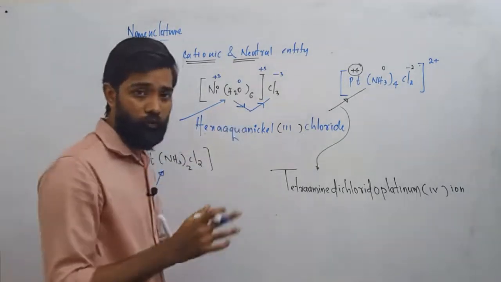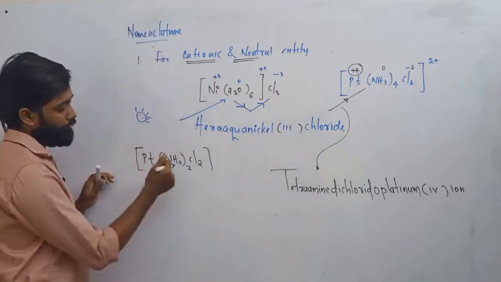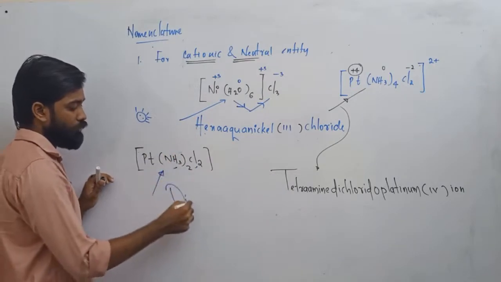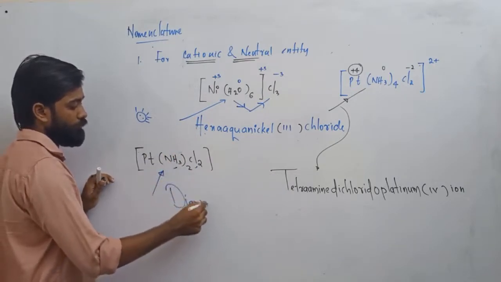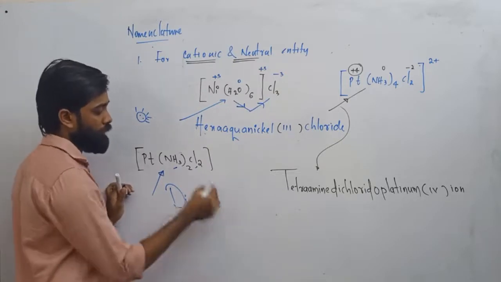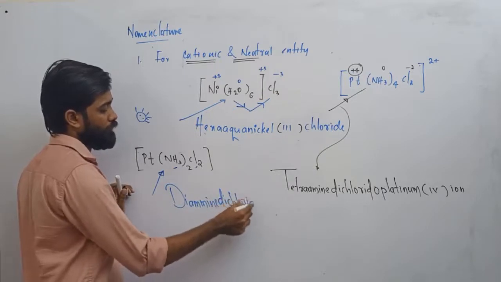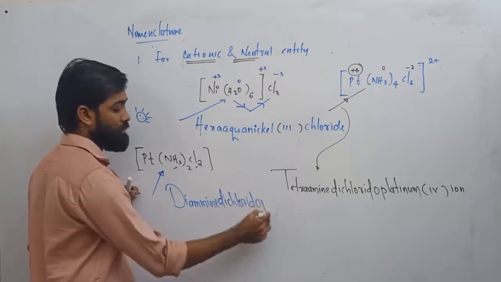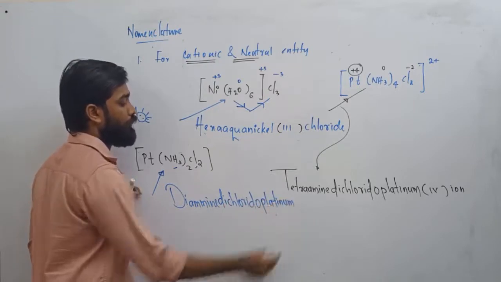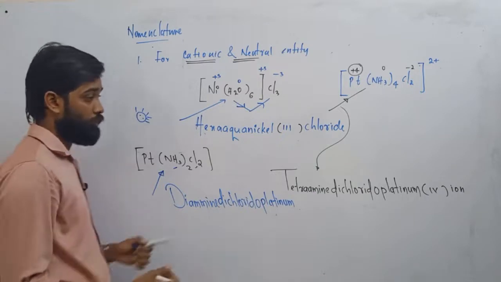So you simply enter the entity and name the ligands in alphabetical order. Fine. 2 amines are there. So diamine, dichlorido, platinum.